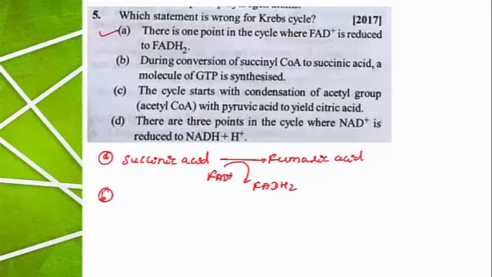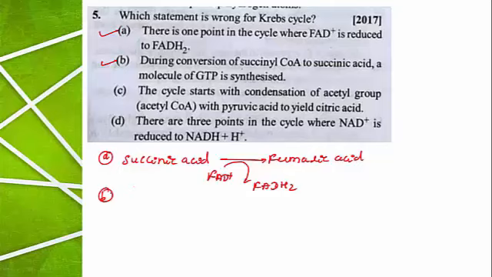Then what about B? During the conversion of succinyl CoA into succinic acid, a molecule of GTP is synthesized. It is also a right statement, and if one pyruvate is participating in the Krebs cycle, one molecule of GTP, for two molecules of pyruvate, two molecules of GTP.